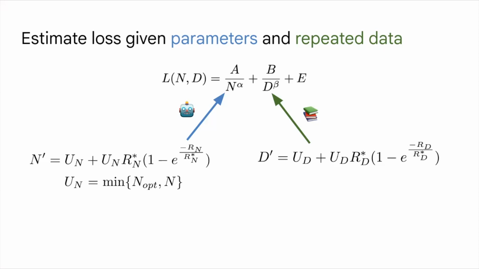And we call these the excess parameters. Similar to how we have excess data in the form of repetitions, we have excess parameters in the form of parameters that are beyond optimal. And they decay with the same exponential decay as the unique data.